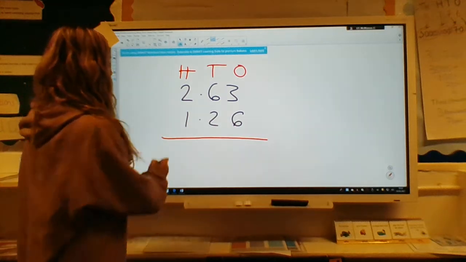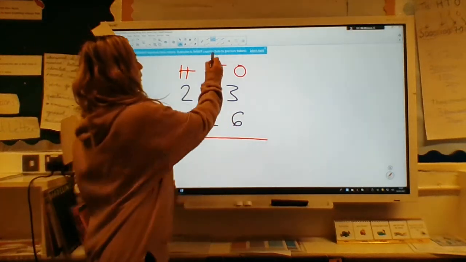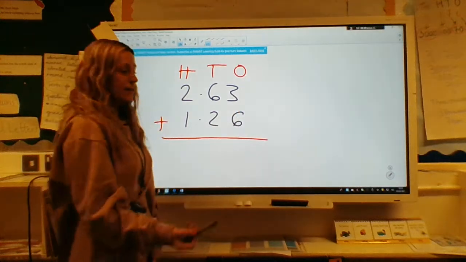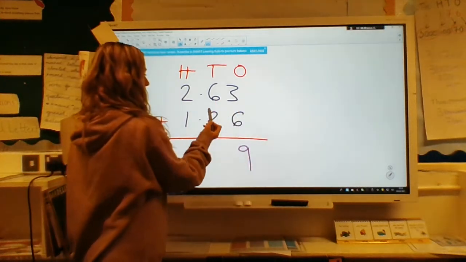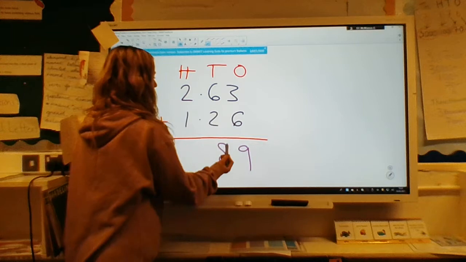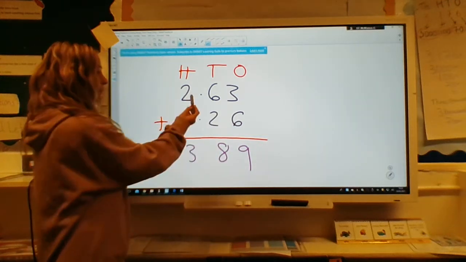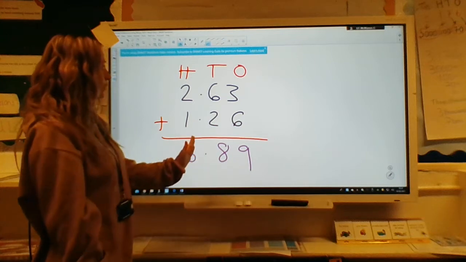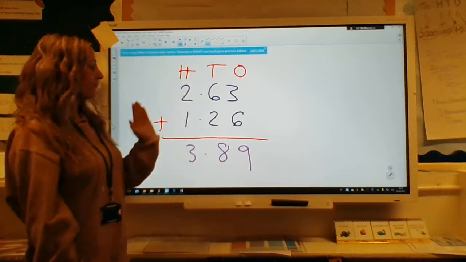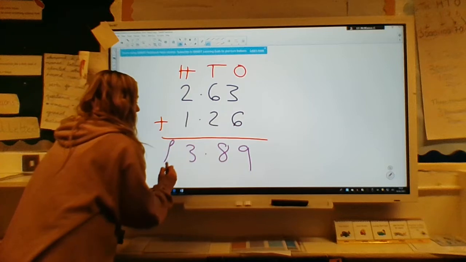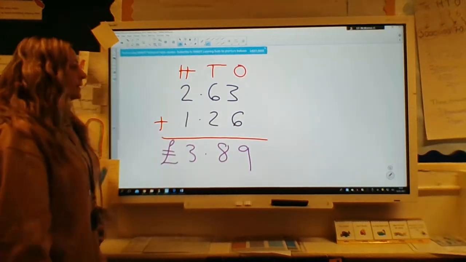So when you're adding, you always start with the ones column. So you've got 3 add 6 is 9, 6 and 2 is 8, and then we've got 2 and 1, which is 3. Remember to put the decimal point back in. The decimal point always goes between the hundreds and the tens, and then put your pound sign in for £3.89.